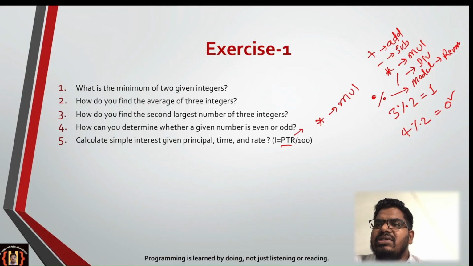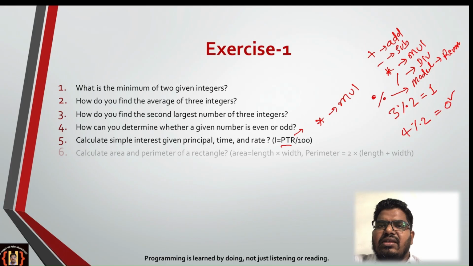So this is how you calculate: P times T times R by 100.